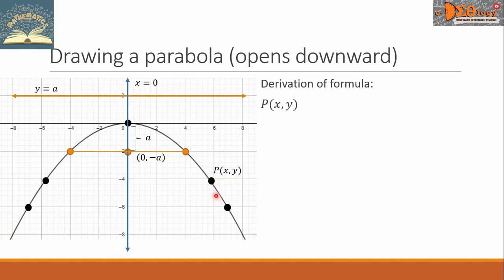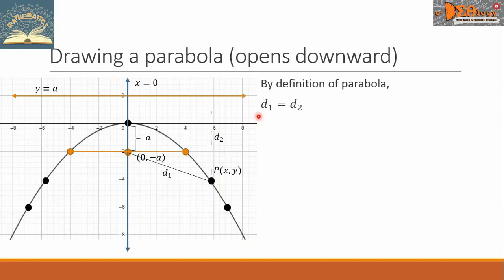Now, let us get the distance of this moving point away from the focus, and we denote this as d sub 1. Also, the distance of this moving point away from the line, which is the directrix, we denote this as d sub 2. By definition of parabola, we say that d sub 1 is equal to d sub 2.